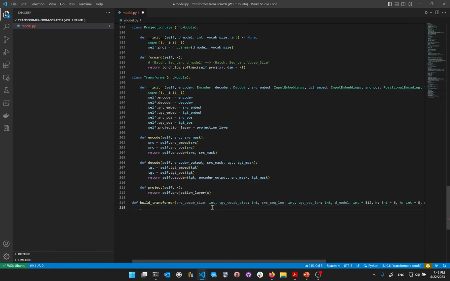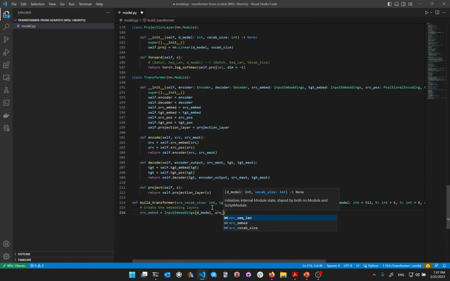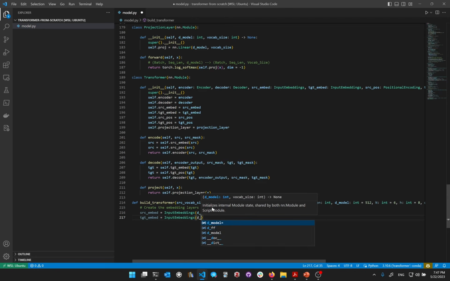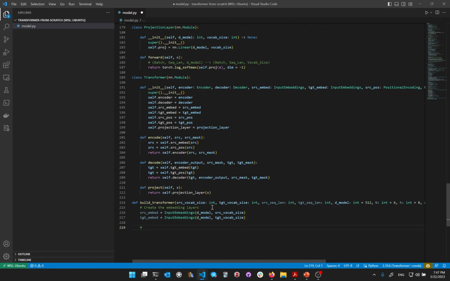Okay, so first we create the embedding layers. So source embedding, then the target embedding, then we create the positional encoding layers.